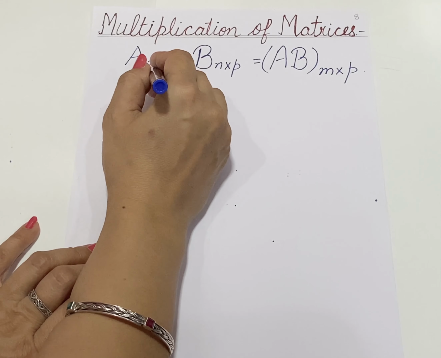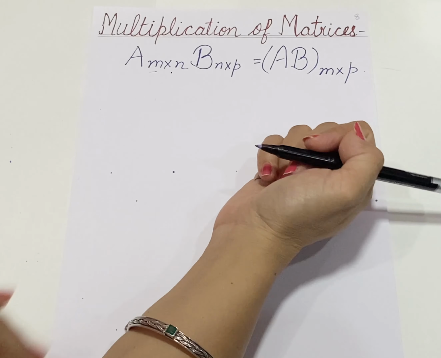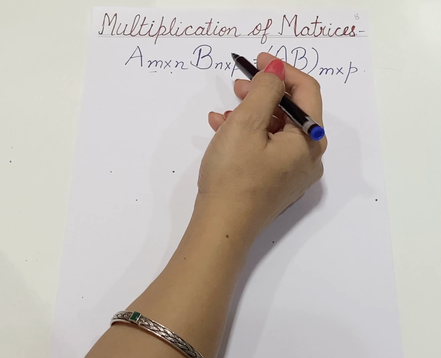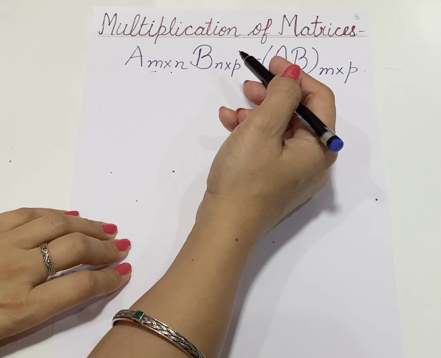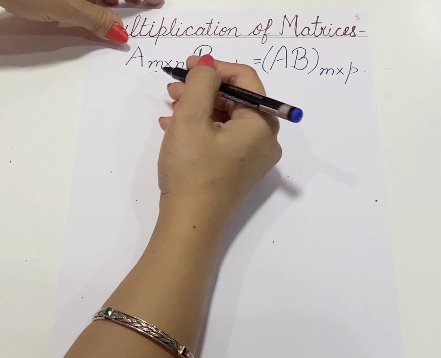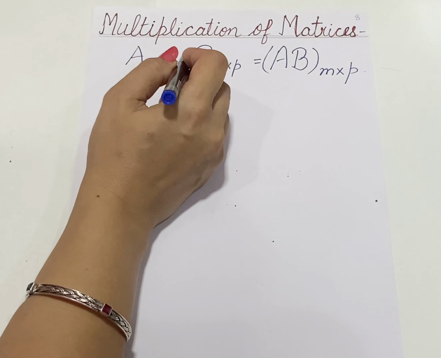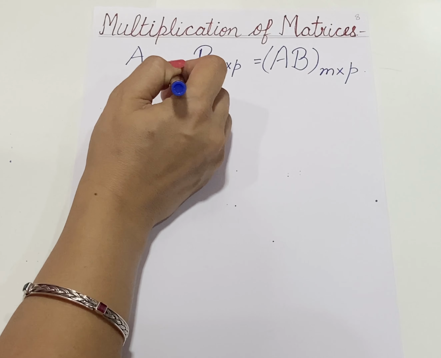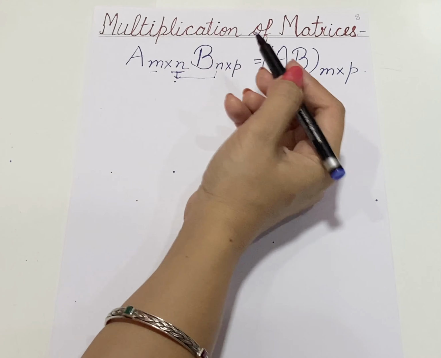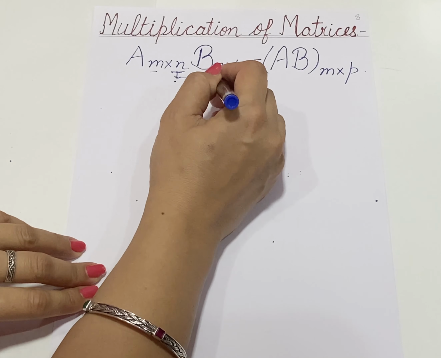A is of order m cross n, and B, now the first thing which I am going to tell, which is very important in this, is that the multiplication of matrices is possible only if the number of columns of the first matrix is equal to the number of rows of the second matrix.